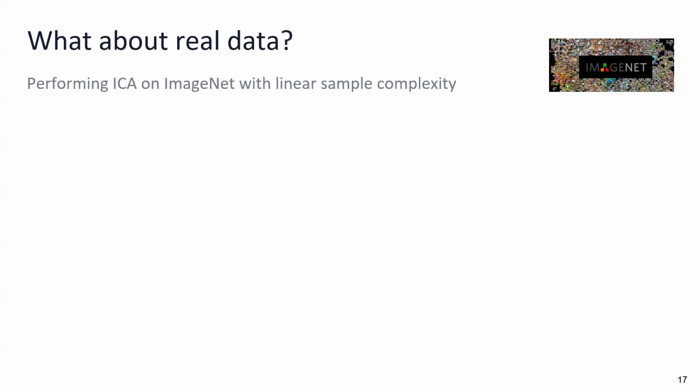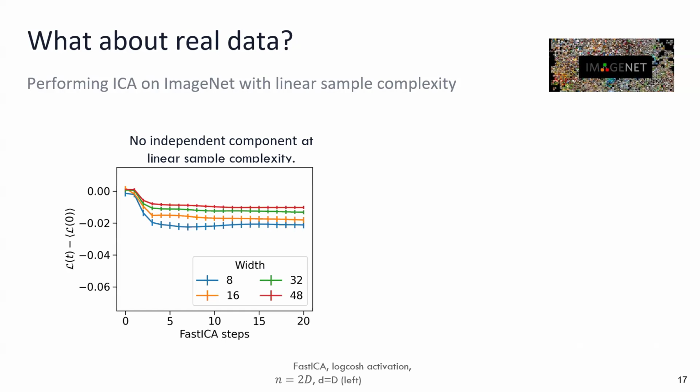Let's go back to ImageNet, which were the images that I showed at the beginning. So our data is made up of realistic images. And let's try ICA on real data. At linear sample complexity, it doesn't learn. And you can see that we can try patches of images that are larger and larger. And the larger the patch, the higher is the line.